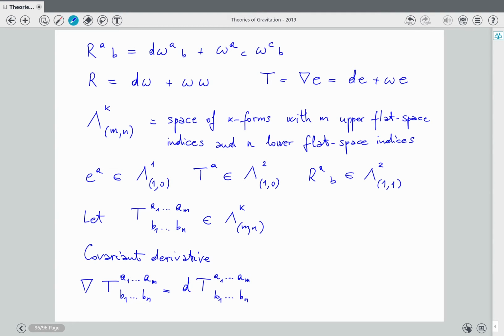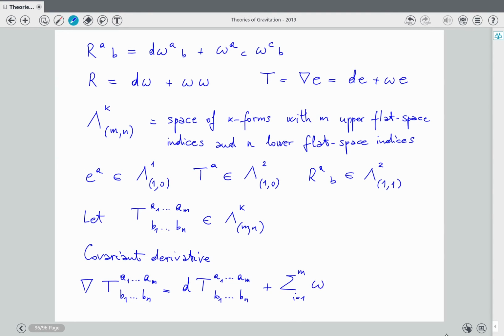Contributions constructed with a spin connection. So if T has no indices, no flat space indices, the covariant derivative is just the exterior derivative. As far as space-time indices, we do not need connections for the exterior derivative when we use differential forms, as we recall. But instead, here there are these flat space indices, so let us write the sum explicitly.